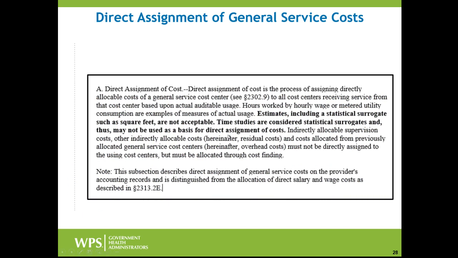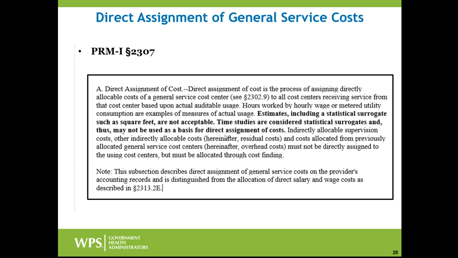So down here, paragraph A, it says that the direct assignment of cost is the process of assigning directly allocable costs of a general service cost center to all cost centers receiving the service from that cost center, and here it's key, based upon actual auditable usage. That's a very key phrase.